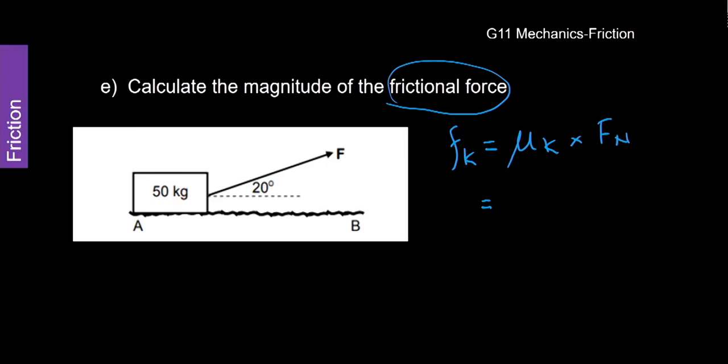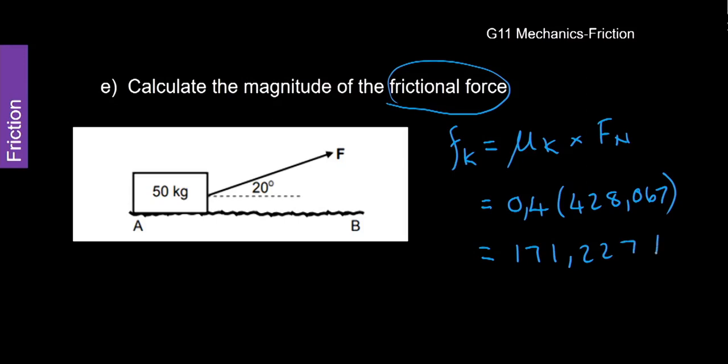And so all we're going to do is substitute in our mu value, which was given to us as 0.4, and we're going to times it by this value that we have just calculated, 428,067 newtons. Okay, we pop that into the calculator, and we get an answer of 171,227 newtons. Excellent. We want to say the direction of this. It is going to be opposite to motion. Okay, very important.